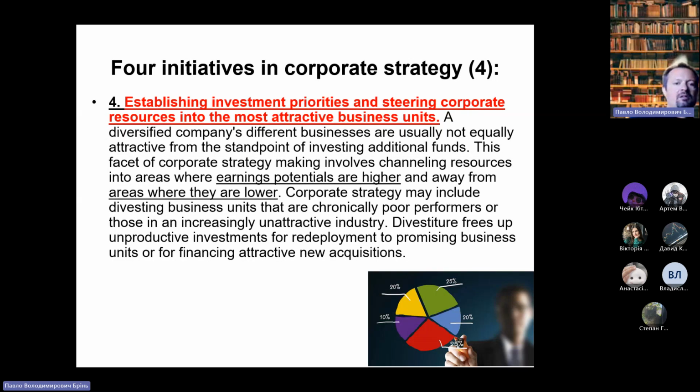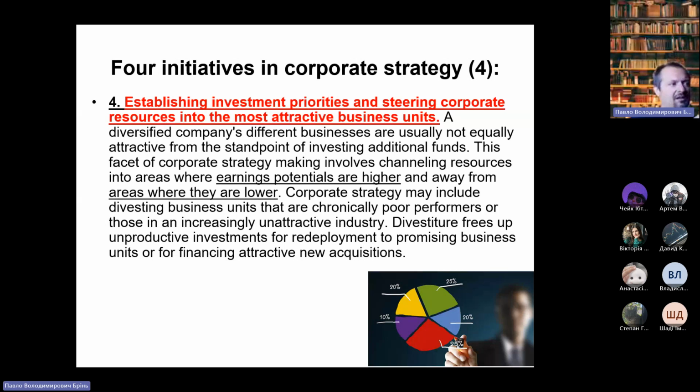And last but not least, the fourth direction of corporate strategy is about investment priorities. It means that if we have the whole budget for the company, we have to divide it somehow among all strategical business units. And you know, a strategic business unit, a part of the company, is like something alive.